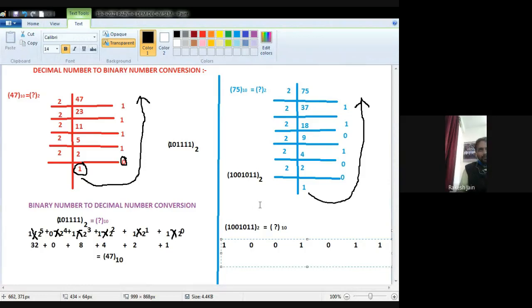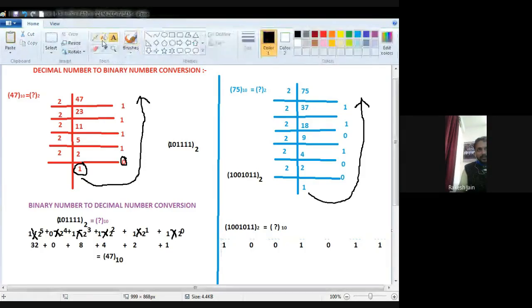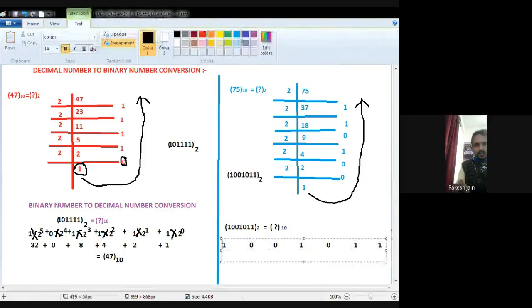101011. Okay, from the rightmost side, as I explained, I just multiply these numbers. Sorry, this is also the multiplication side. Multiply this number with something.